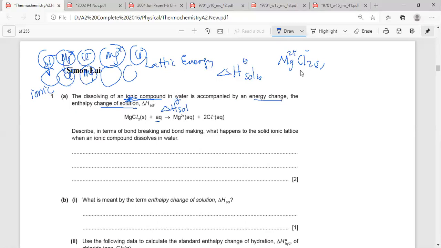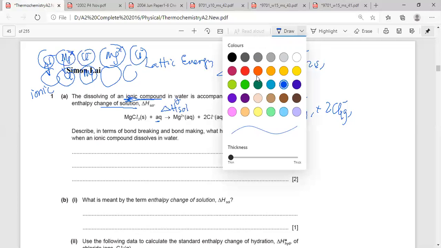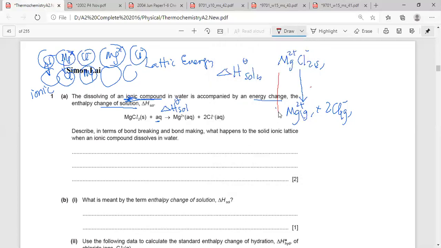So to separate them to gas state, no water yet: Mg 2 plus gas and 2 Cl minus gas. To go backwards here, I'm going to use red again. To go from here to here is what?